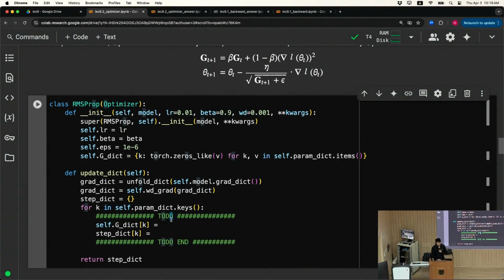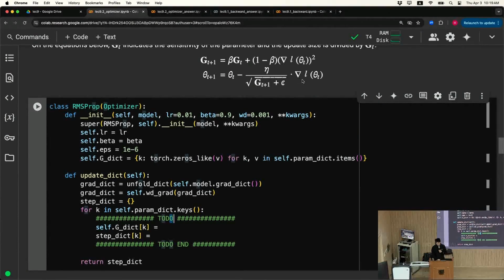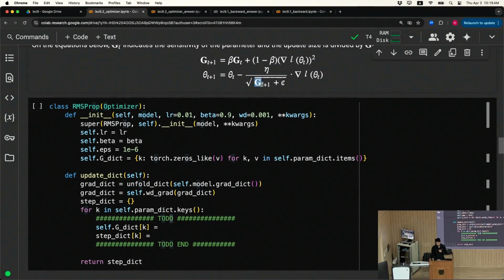By the way, this is a vector, and this is element-wise multiply. This is a vector, and element-wise multiply.